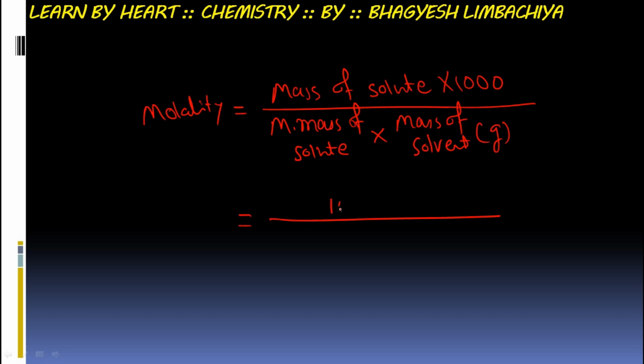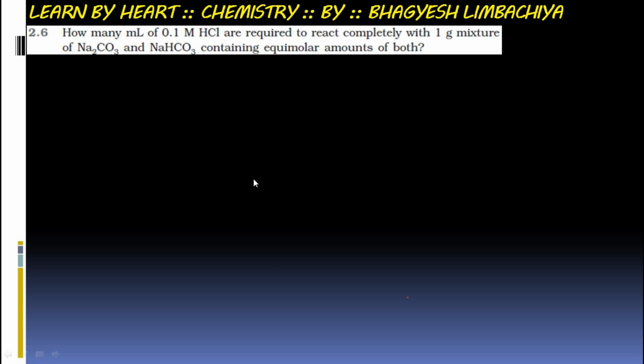Here mass of solute is 10,000 at denominator. The molecular mass of solute will be 180 and mass of solvent in gram will be 90 and answer will be 0.617 molal.